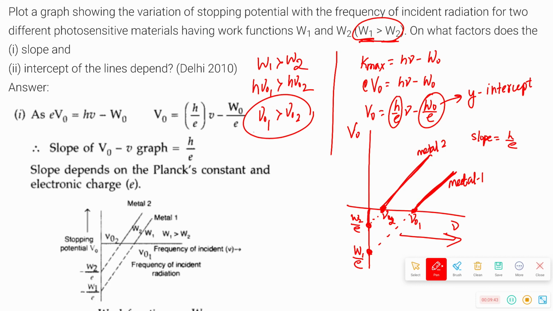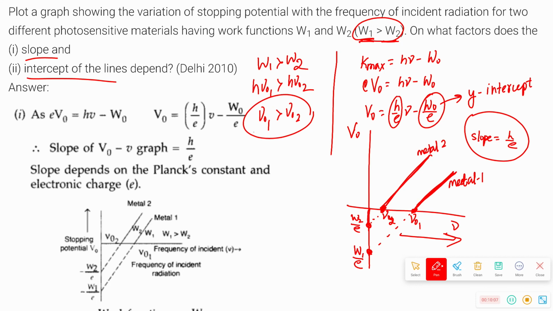That's it. Now next, slope and intercept of the line. We already know the slope gives h by e, and the intercept of the line gives work function by e. So this is what you have to understand in the graph diagram: write the equation, draw the graph, and tell what the slope and intercept of the line depend on.